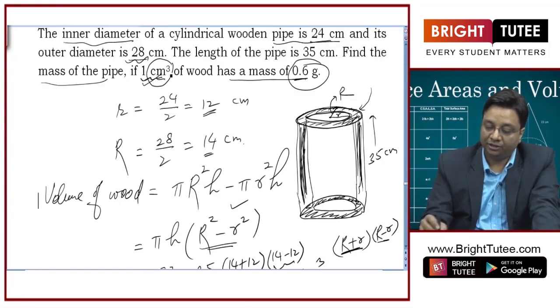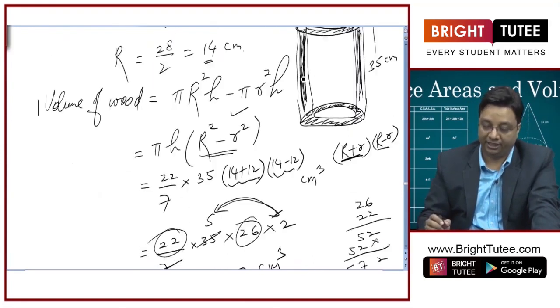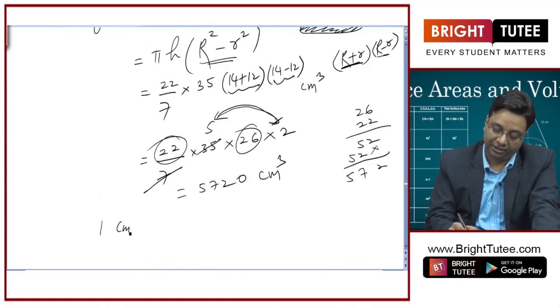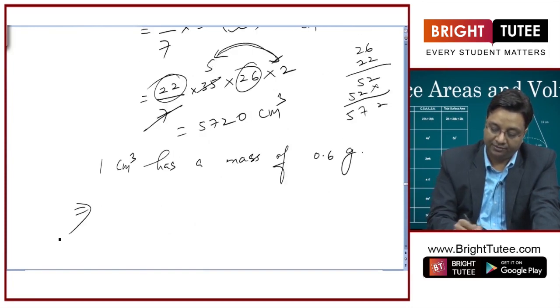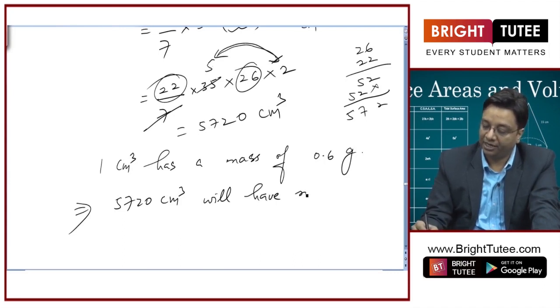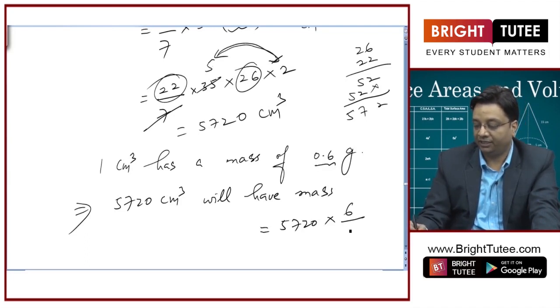Now 1 centimeter cube has a mass of 0.6 gram. Hence 5720 centimeter cubes will have mass equal to 5720 into 0.6, or we can write it as 6 by 10 grams.